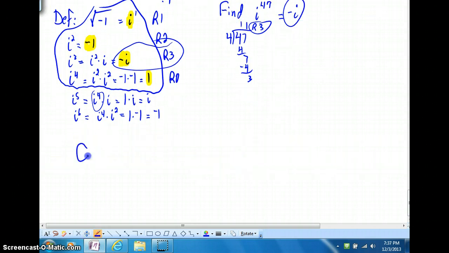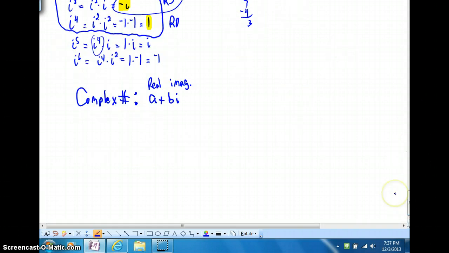But let's talk about a complex number. That was just an imaginary number. A complex number is going to be a real number plus an imaginary number. So we'll have a real component and an imaginary component. And a plus bi is the general term. b, of course, could be negative.